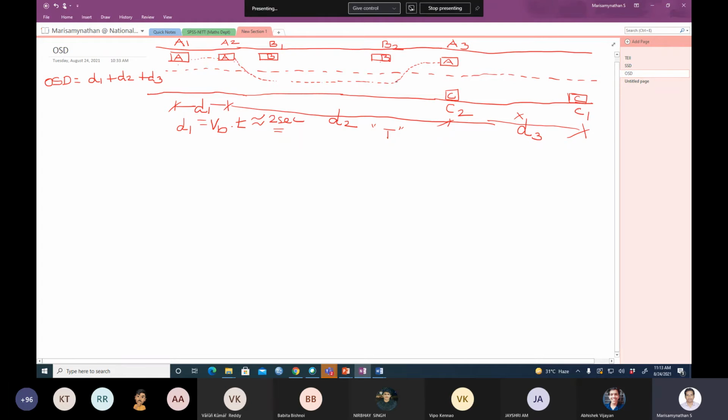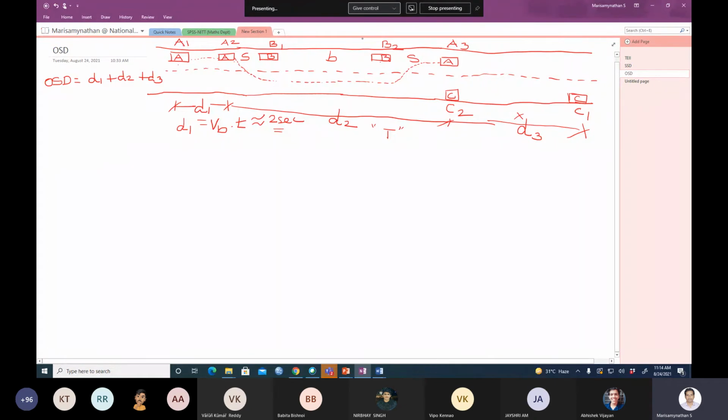Here, some simple assumptions are made for understanding. This spacing is considered as S, and this distance is considered as B. The base spacing between A2 and B1, and between B2 and A3, before overtaking and after overtaking, is considered the same distance, denoted as S.